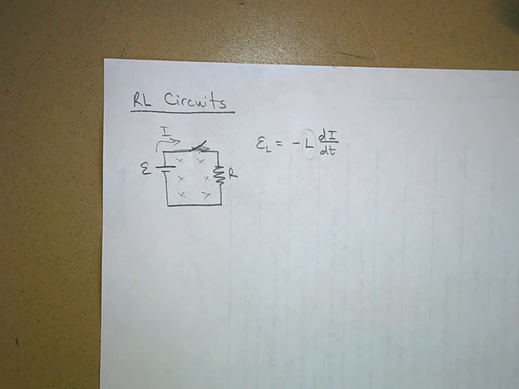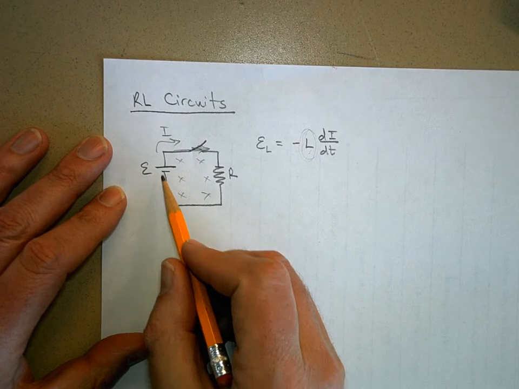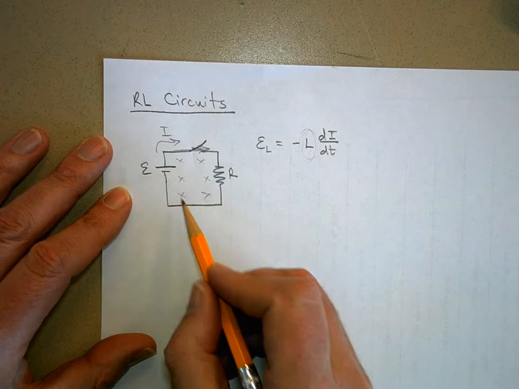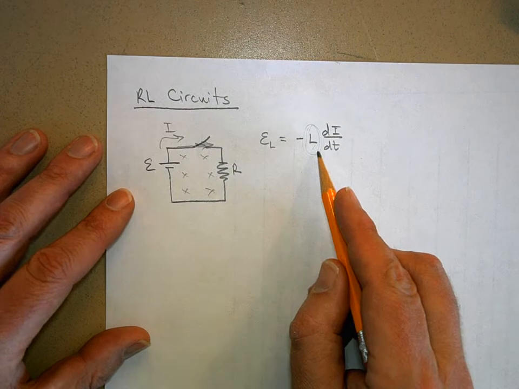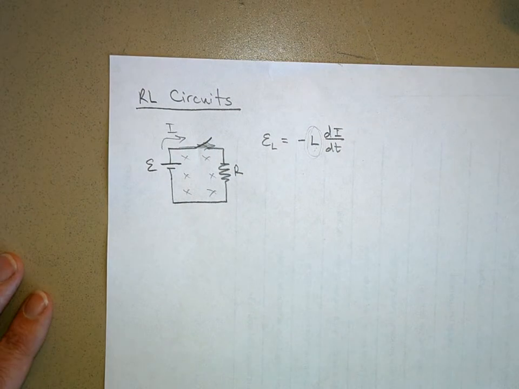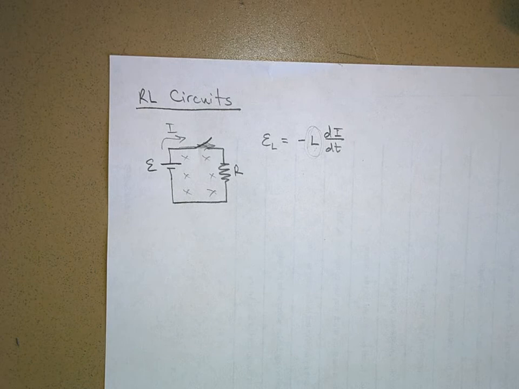Well, I'm here to tell you that if you just have like a 9-volt battery and a Christmas tree light or something, the self-inductance is tiny. Tiny, tiny, tiny. And so because of that, the circuit reaches its maximum current within a few billionths of a second.